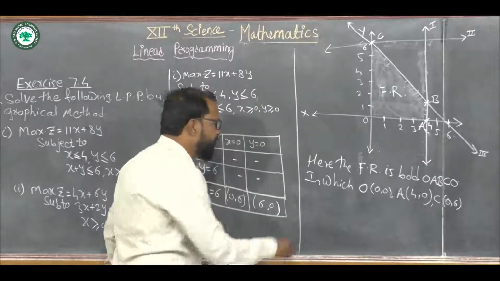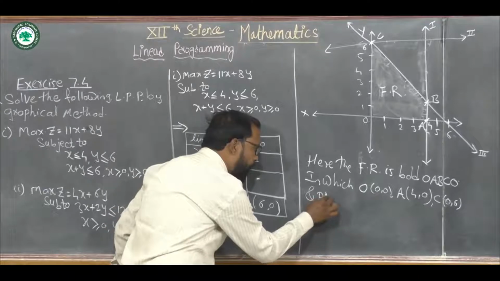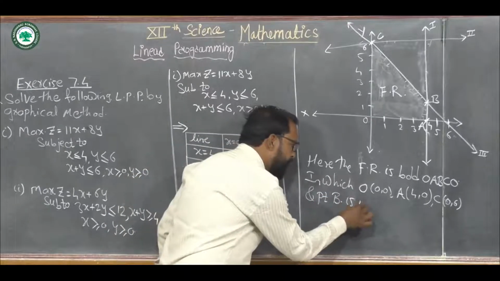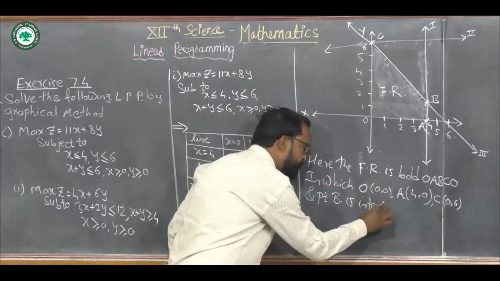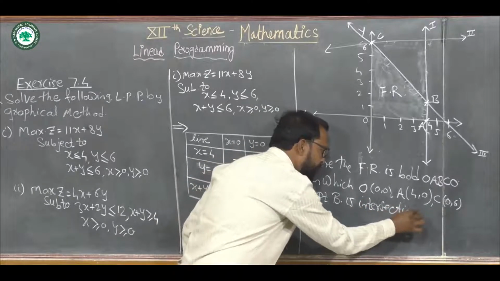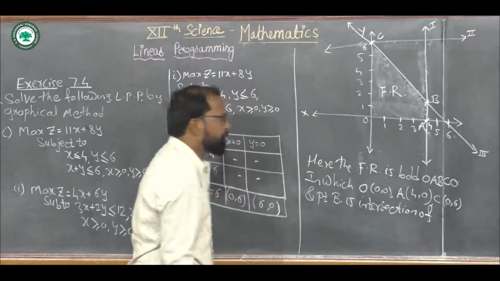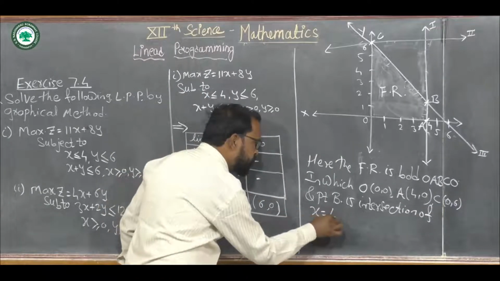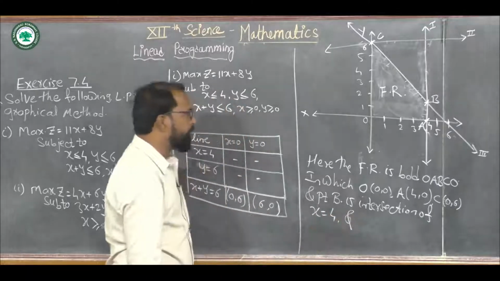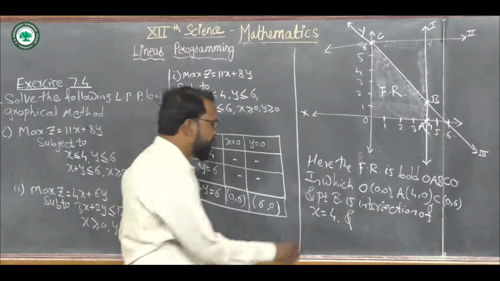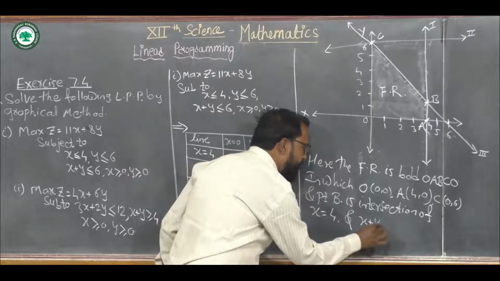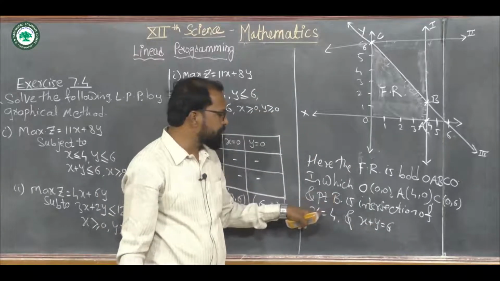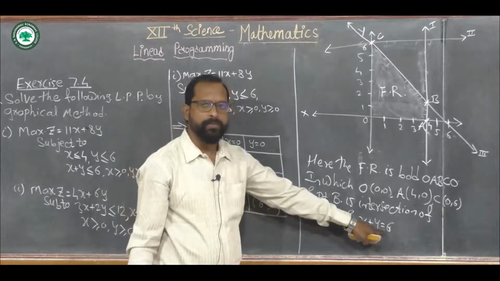So here we write, corner B is the intersection of the first line, x equals 4, and the third line, x plus y equals 6.